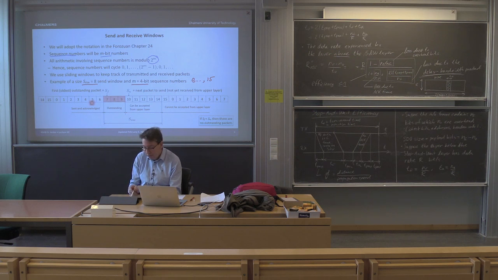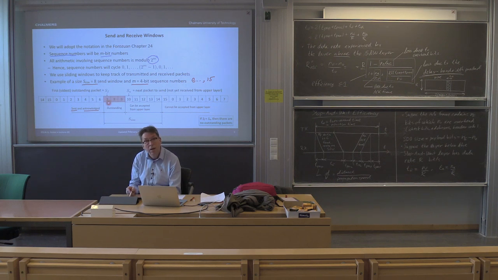To the left here, we have packets which have been sent and have been acknowledged. So these packets, the transmitter knows for sure have been delivered. Then the transmitter has transmitted these colored packets here, namely the packets with sequence numbers 7, 8, and 9.